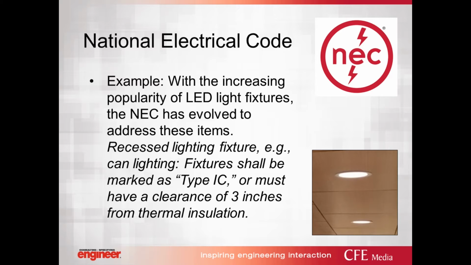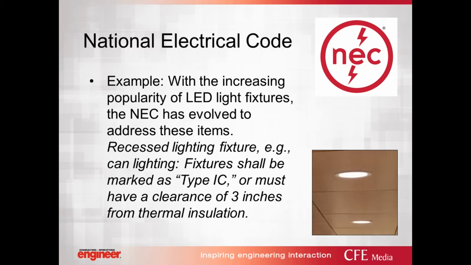An example would be can lighting. We have a picture of some can lighting here. The NEC requires that recessed can lighting be marked as type IC, which means insulation contact, or must have a clearance of 3 inches from thermal insulation.